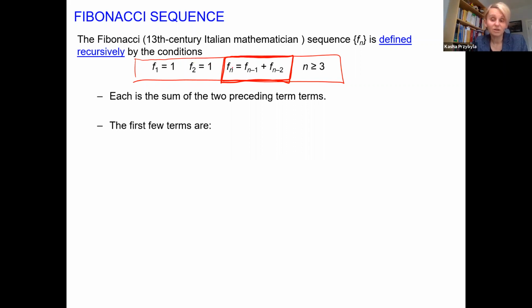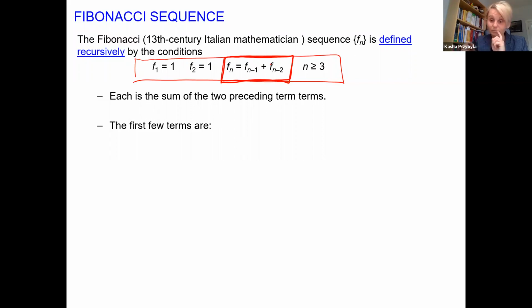Let's read this. F sub n, the nth term, is defined as the addition of the two terms in front of it: f sub n minus 1 and f sub n minus 2. That means I take two terms, add them together, and this will be my next term.